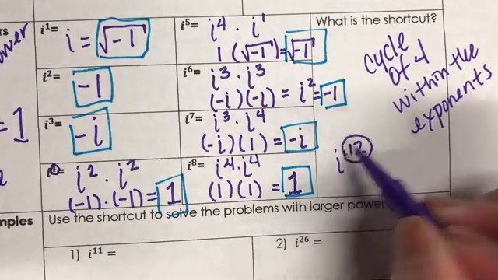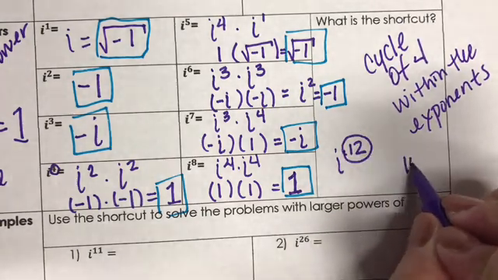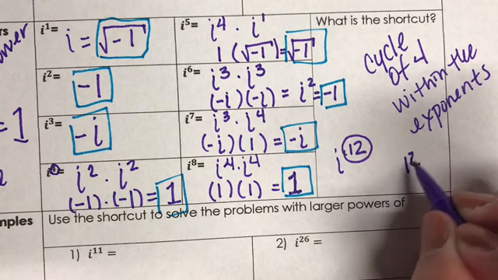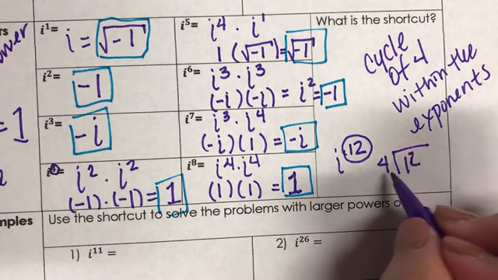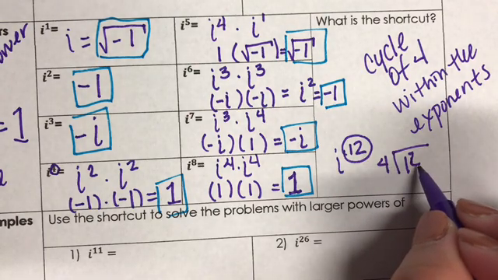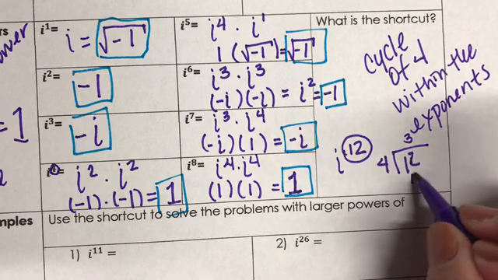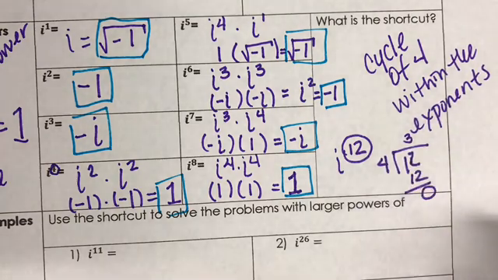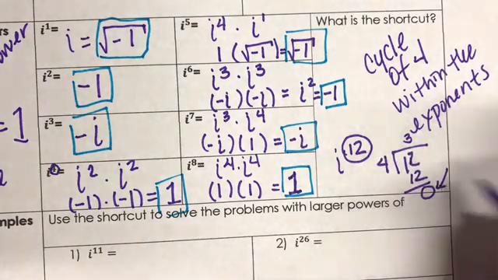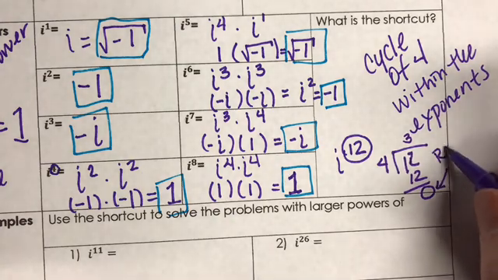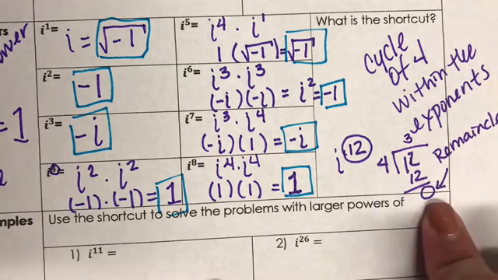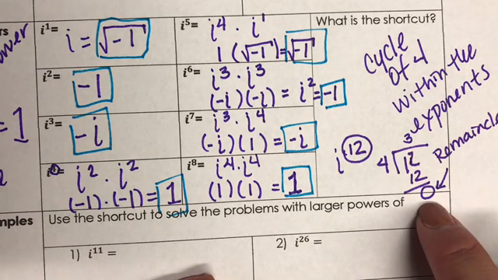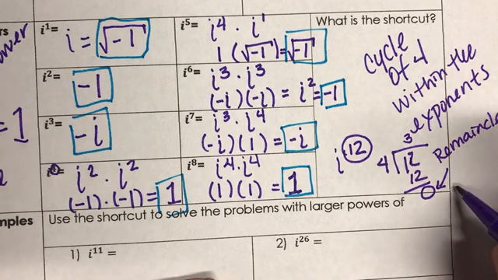What I do is take my exponent and divide by 4. 4 goes into 12 3 times. So we look at this number right here, which we call a remainder, and use it as our new exponent or new power.